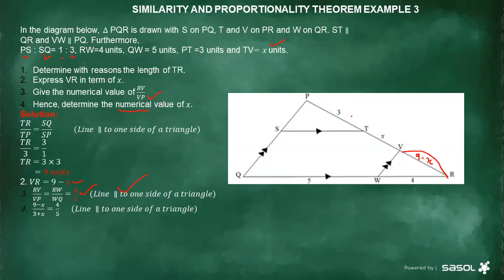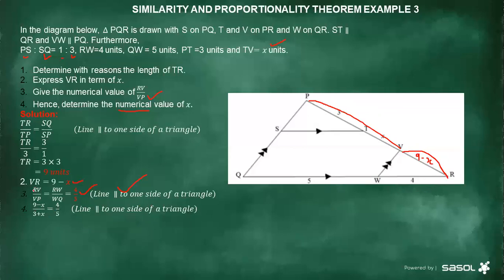Remember, from V to P the distance is 3 plus X, right? Equals to RW, it was 4, WQ, it was 5. Thereafter, you state the reason, and then from there, we are going to cross multiply.